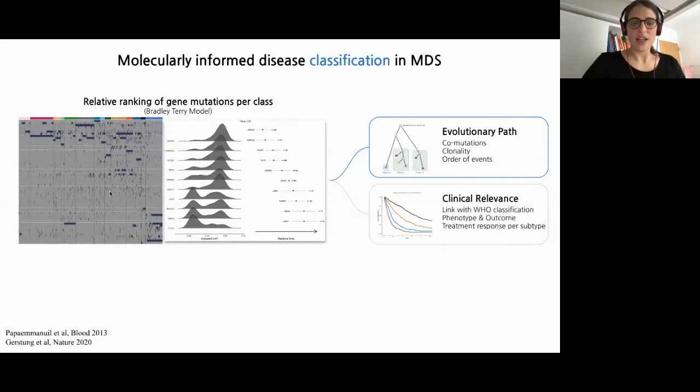So here you see, for instance, the clonality of the different genes, where some genes have variant allele clonality adjusted for copy number.